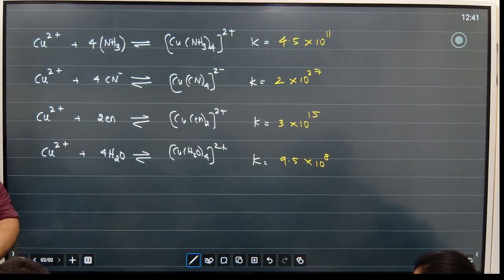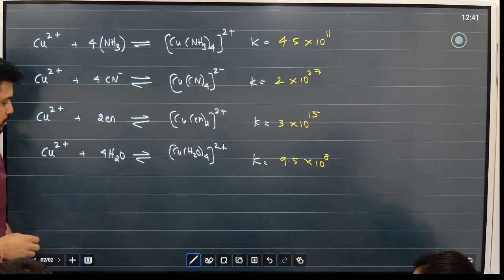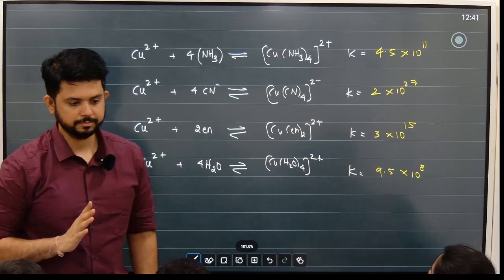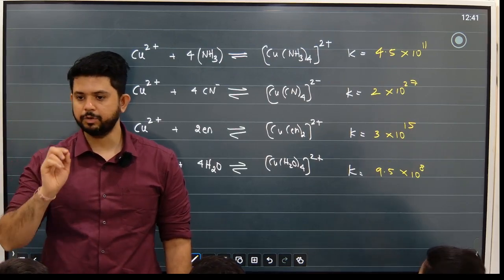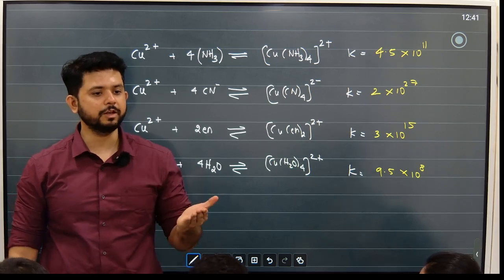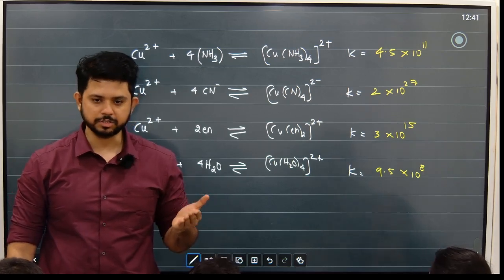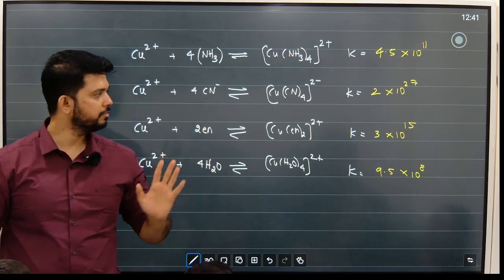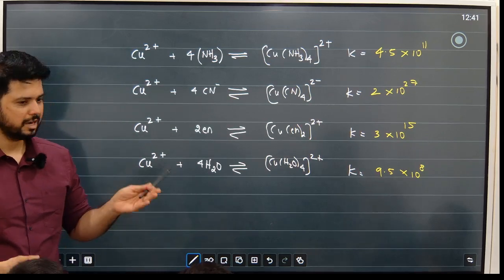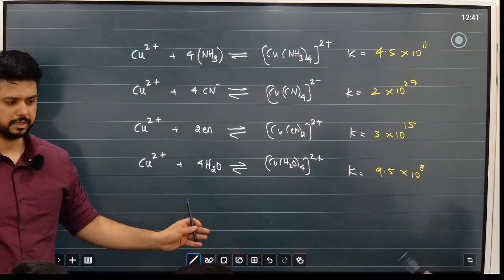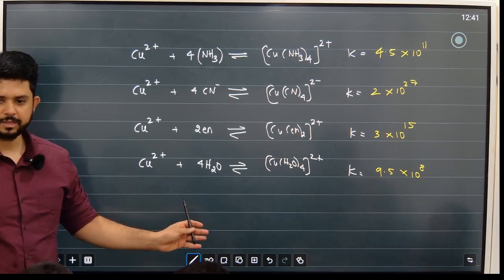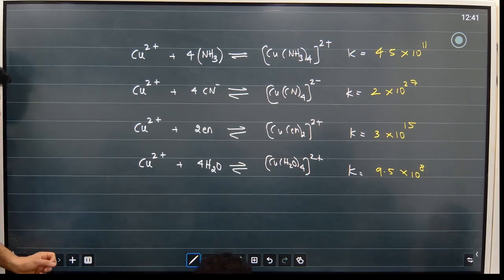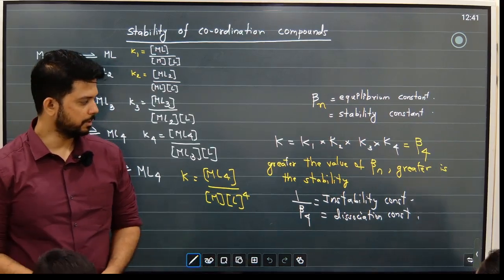What we have to do is identify the most stable complex out of the 4. So what technique did I say? The one with the greatest value of stability constant will be the most stable. Understood? So who has the highest value of K over here, people? That will be the most stable. Such a very simple question comes on this. Did you get that? Quickly copy this. Then we continue with the stability of coordination compounds.